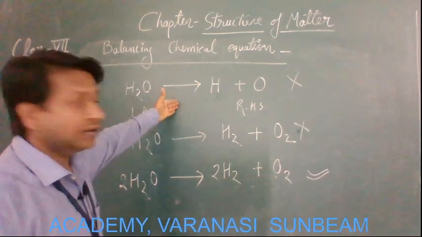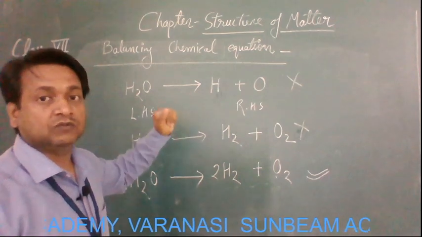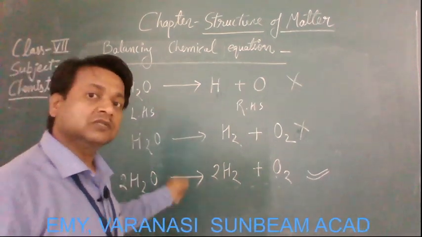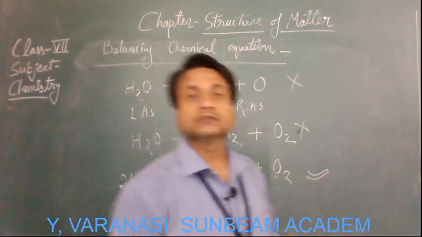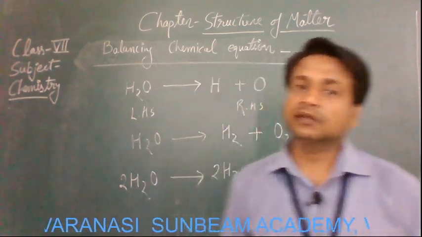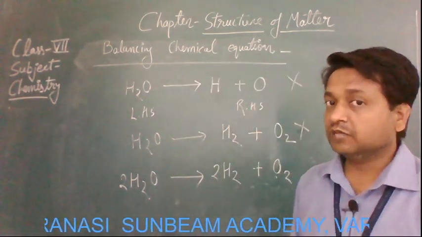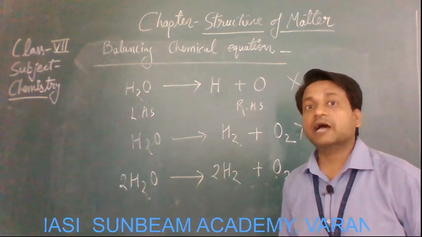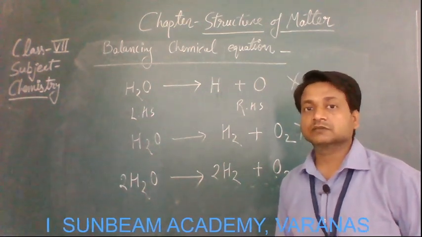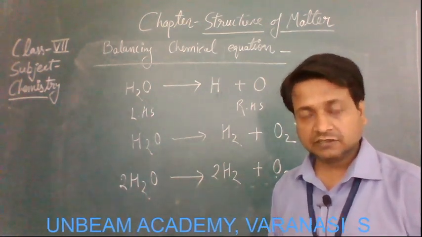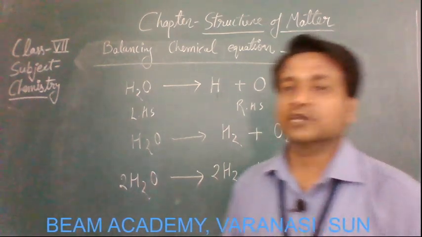These are unbalanced, these are incorrect, that is why. And as it is balanced, it will be termed the correct chemical equation. So children, I hope that you understood how to balance the chemical equation. Understood? Okay, now take some more examples.